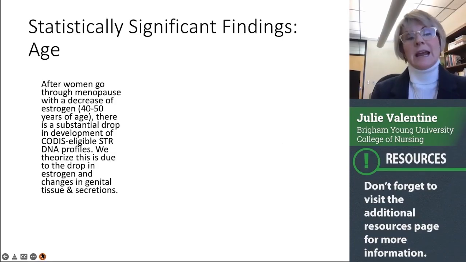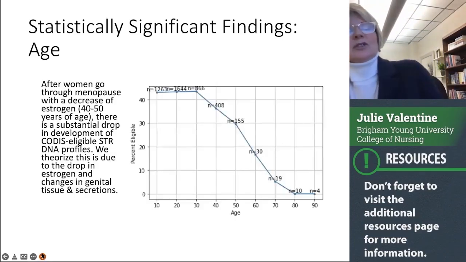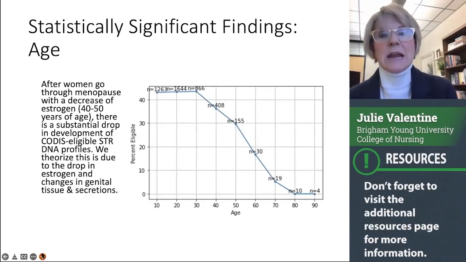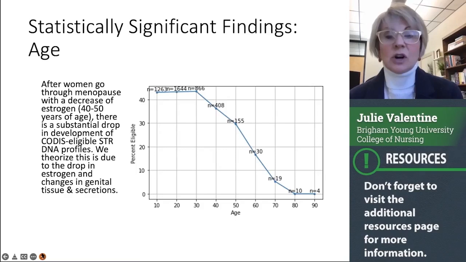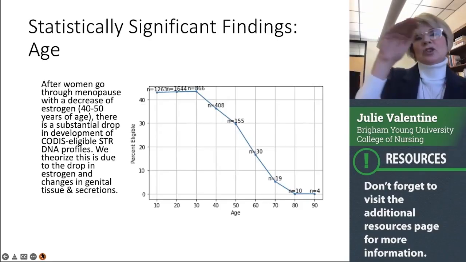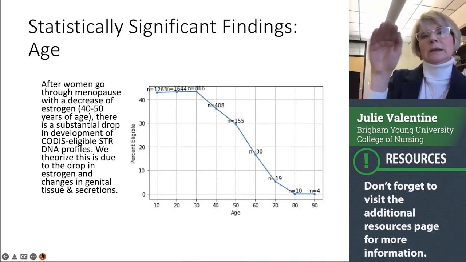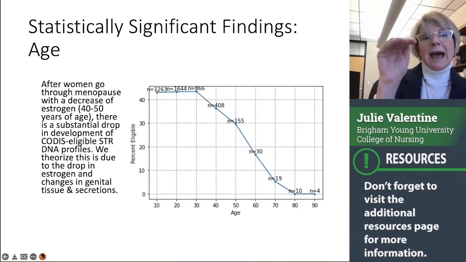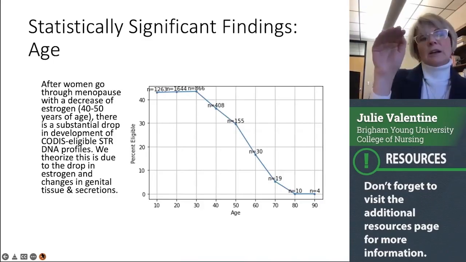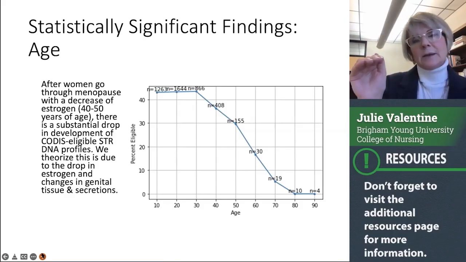The next we looked at was age. We found a substantial difference as women age, and you can see this chart here. And that bottom number, age of 10, we actually start at 14 with our data set. So between the ages of 14 to 30, where women's estrogen levels are staying relatively about the same, the level of developing a CODIS-eligible profile, meaning from the foreign contributor, is about the same.